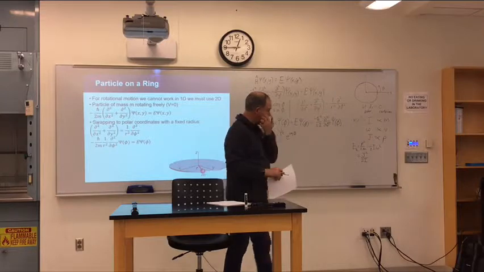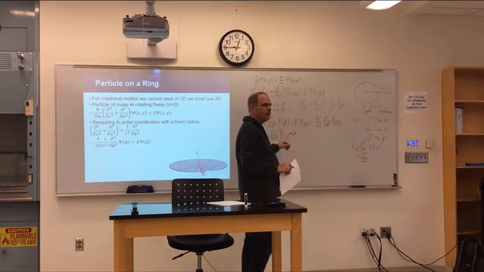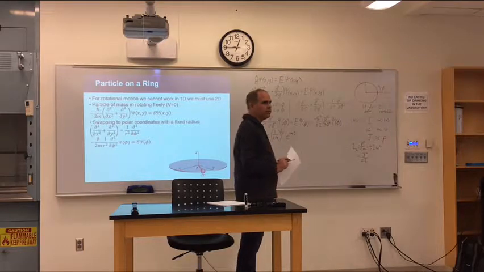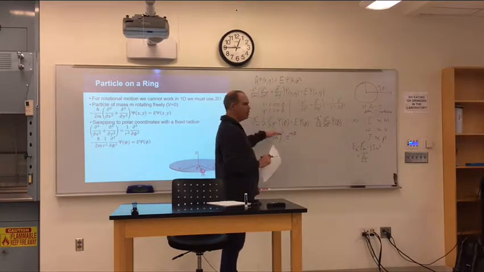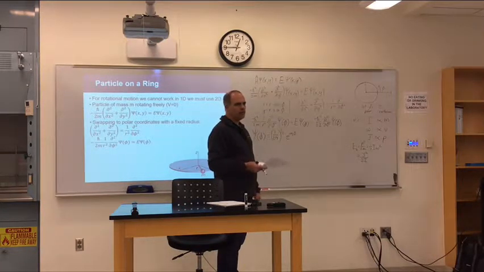In the Atkins book, it actually steps through the entire derivation of how you get to this, and so we're not actually going to go through it. I'm more interested in you being able to apply these than being able to derive them. But if you want to see the derivation, it's in the chapter in the book.